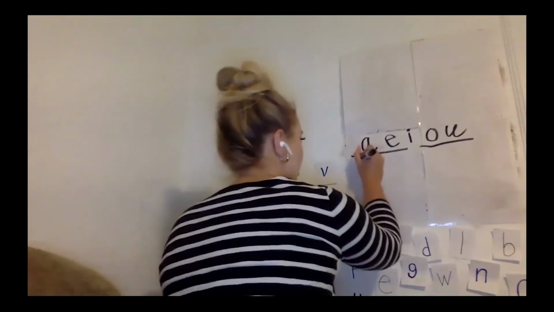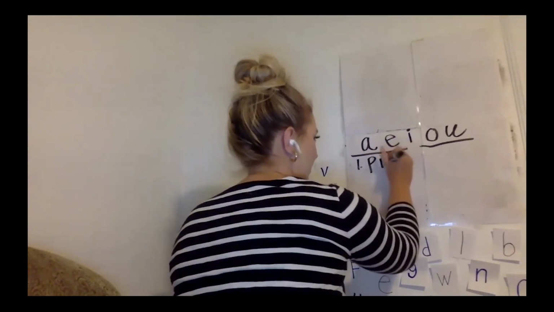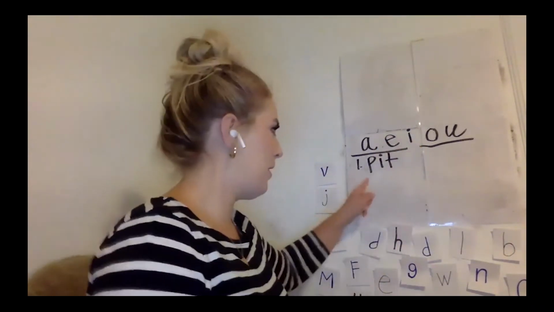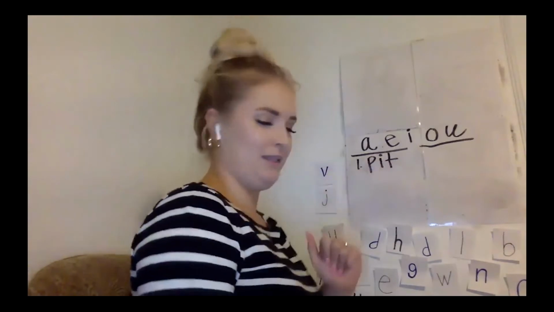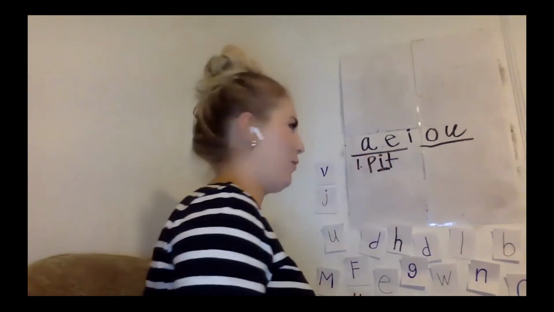Okay, so I'm going to write a letter or a word on the board, and I want you to tell me which one is the vowel. So the word is pit. Which one is the vowel? Very good. It's the I, the short I sound.